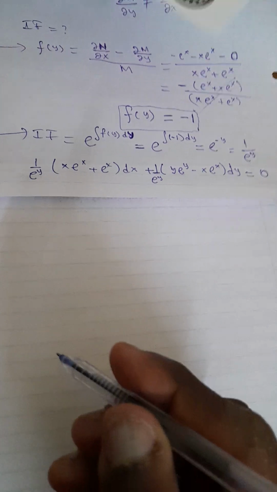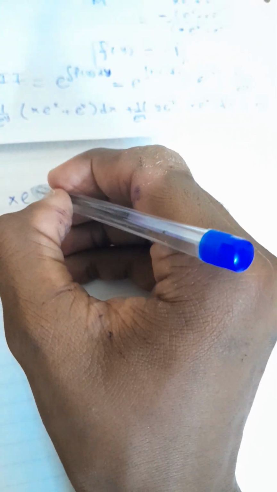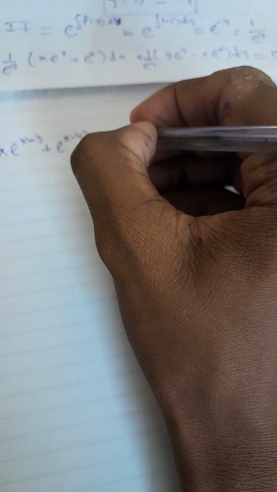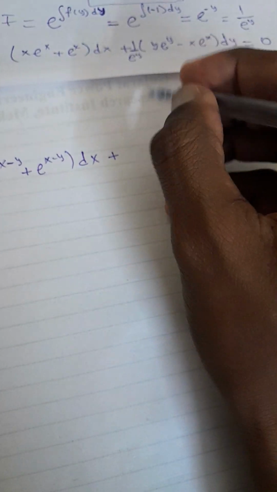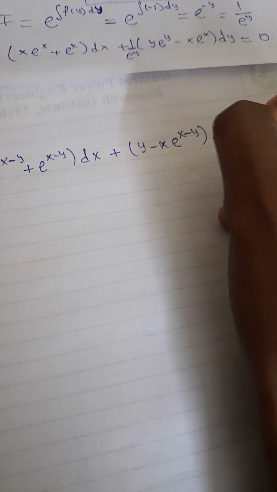After this multiplication, just do the simplification. This will be (x e^(x-y) plus e^(x-y)) dx plus (y minus x) e^(x-y) dy equal to 0.